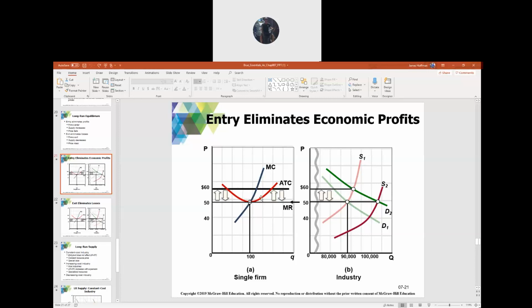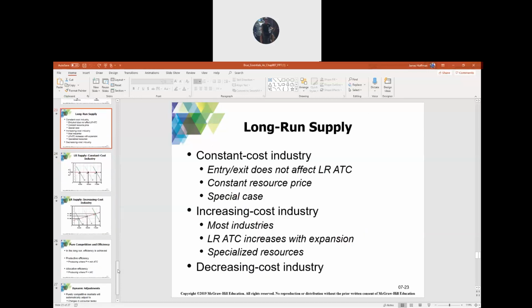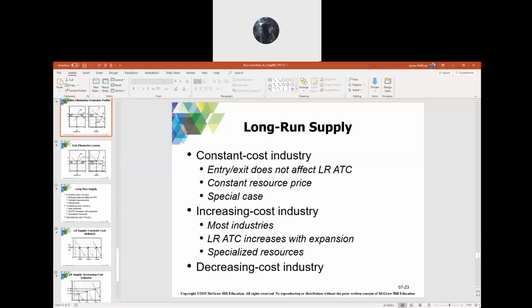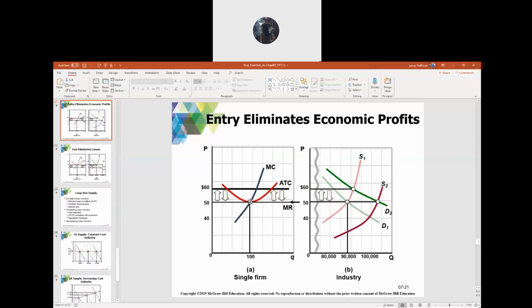So in the long run, we said that price equals the minimum of the average total cost, and price equals marginal cost. So for this one, here we go. There was profit in the short run, but in the long run, we're back here where price equals the minimum of the average total cost, the bottom point of this cost curve, and price equals marginal cost.